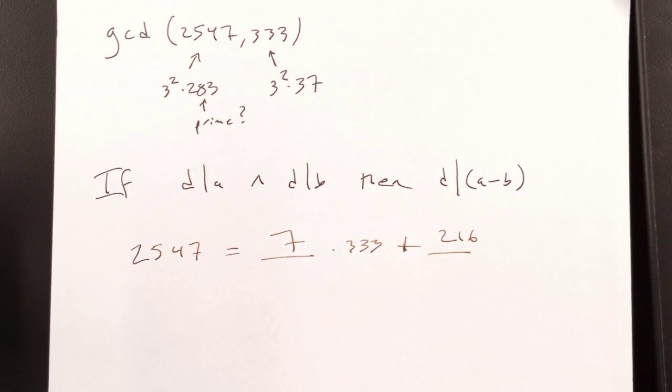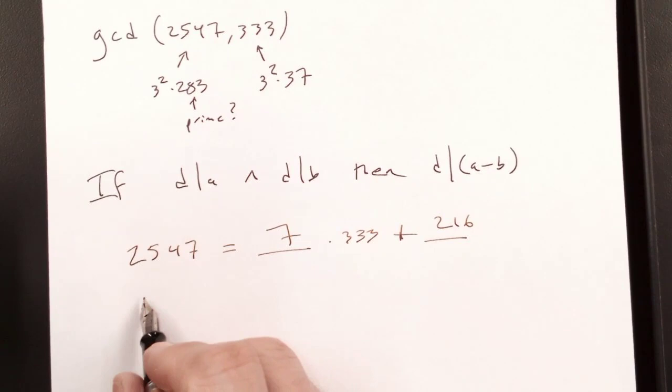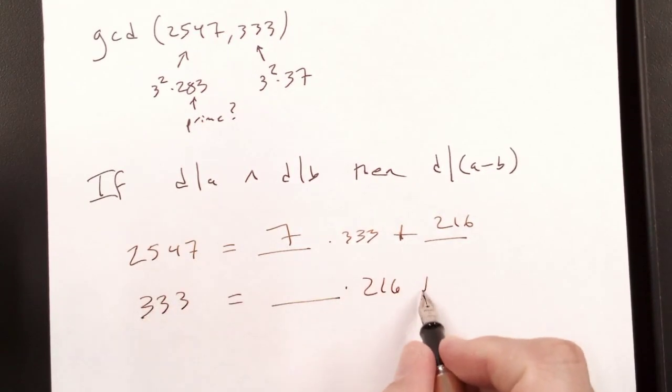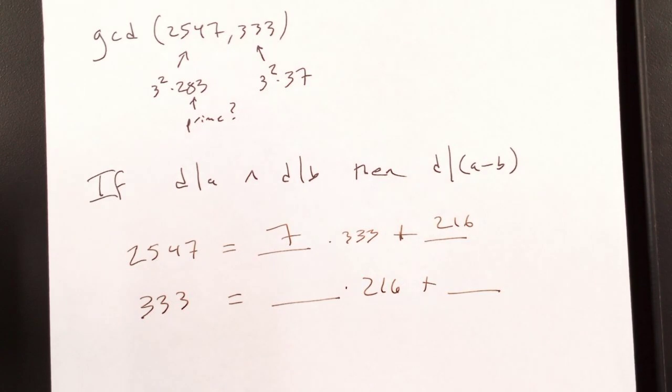So what if I do this process again using 216 and the smaller of my two numbers? Whatever divides 2547 and 333 will also divide 333 and 216.